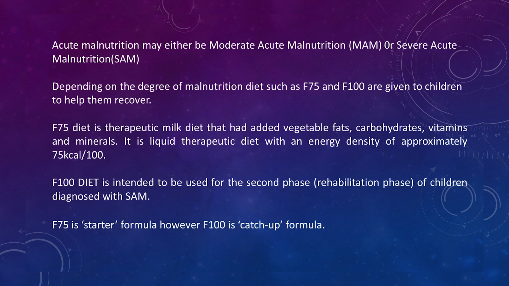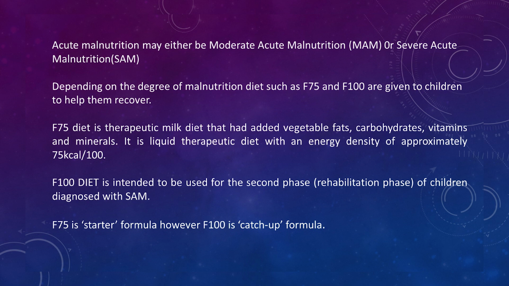Depending on the degree of malnutrition, diets such as F75 and F100 are given to the children to help them recover. So, first we have to diagnose whether it is moderate or severe acute malnutrition.